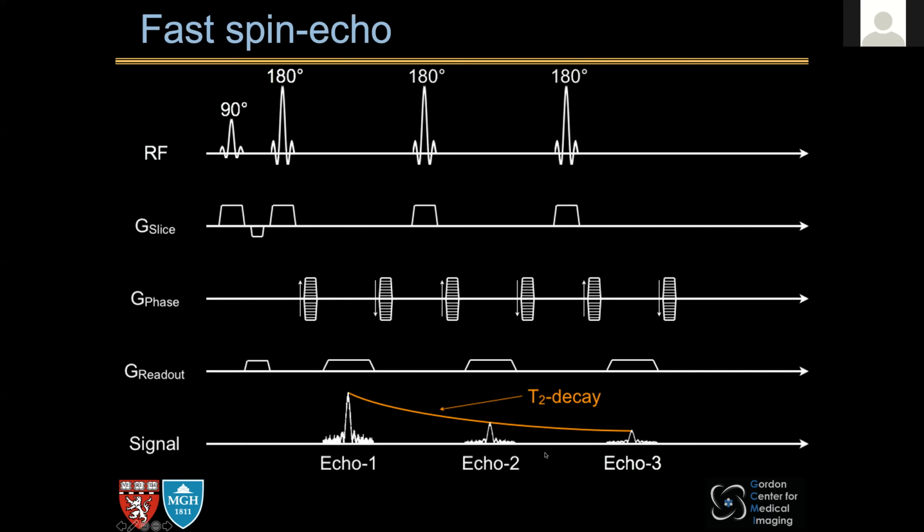Each echo has different K-space encodings. By doing this, we can also significantly accelerate the imaging speed. This technique is called the fast spin echo sequence.